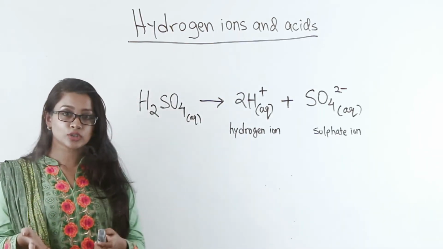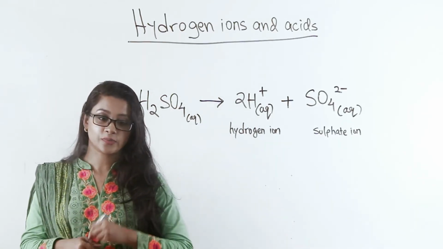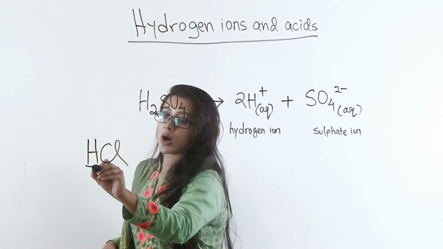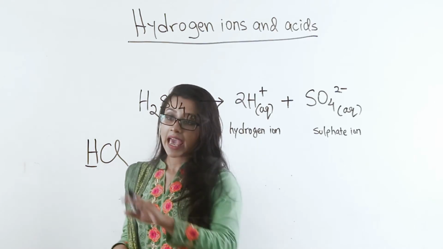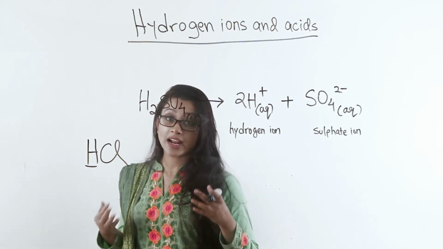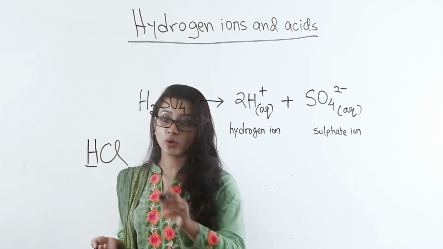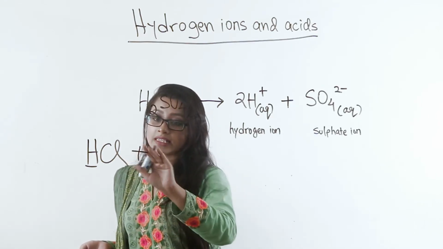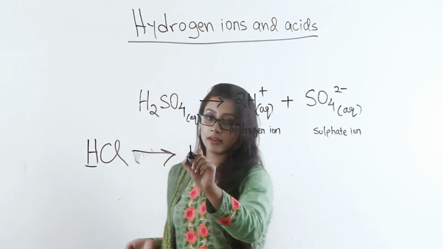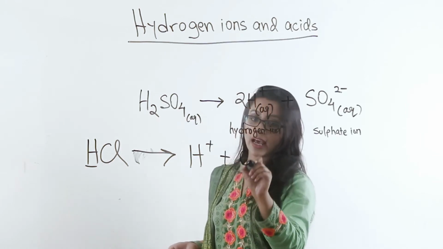See, hydrochloric acid is a monobasic acid. How did I reach that conclusion? In hydrochloric acid, you see there is one atom of hydrogen. And this one atom of hydrogen is converted into a hydrogen ion, as was shown in the example a couple of minutes ago: when this acid reacts with water, it forms a single hydrogen ion and a chloride ion.